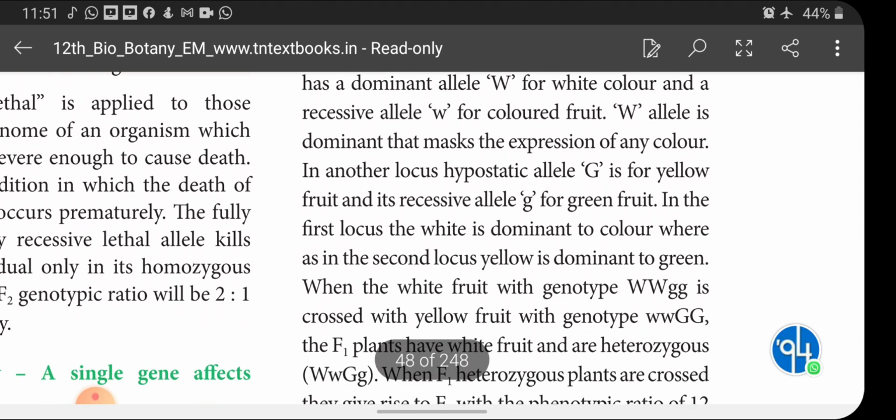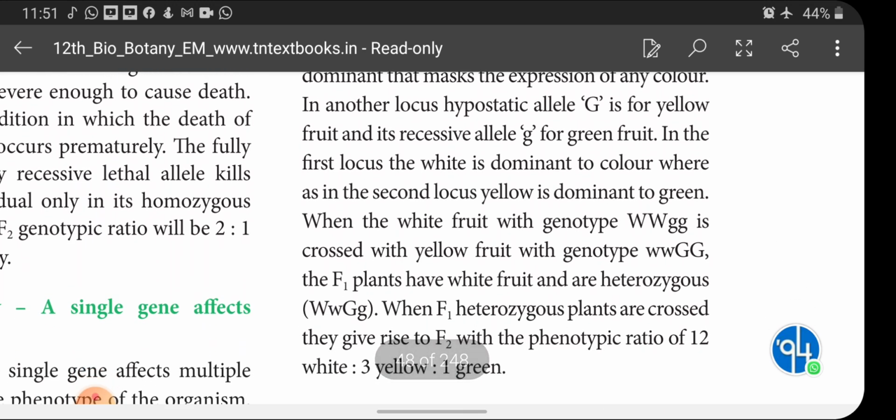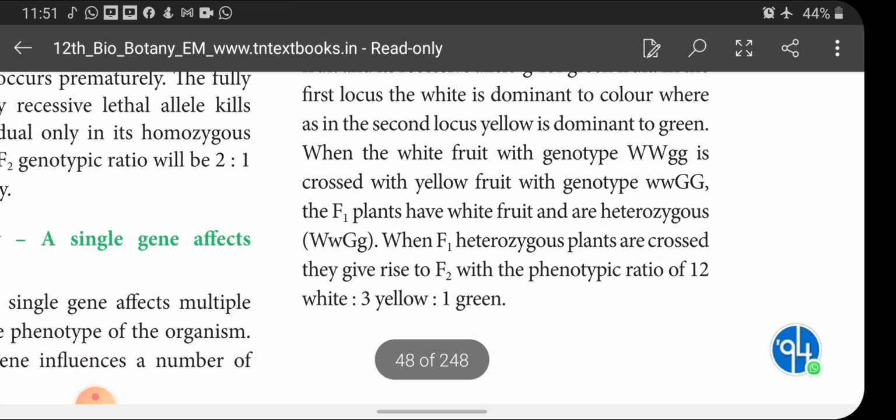When a white fruit with genotype capital W small w small g small g is crossed with a yellow fruit with genotype small w small w capital G capital G, the F1 plants have white fruit and are heterozygous, capital W small w capital G small g. When F1 heterozygous plants are crossed, they give rise to F2 with the phenotypic ratio of 12 white, 3 yellow and 1 green.